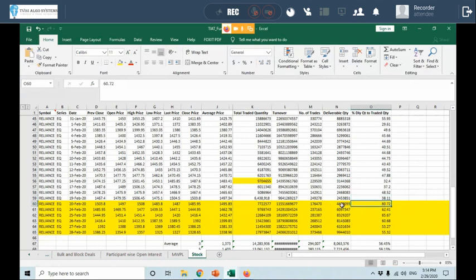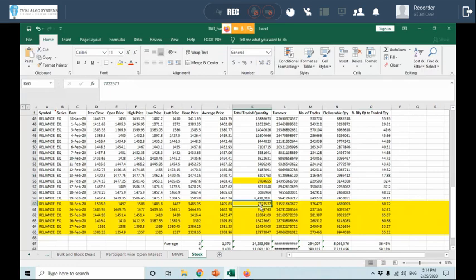Look at the deliverable quantity, which is 46 lakhs. It is more than 50% of the average. Average traded quantity previously was 66 lakhs. On 20th of February, my traded quantity was 77 lakhs and my delivery was 46 lakhs.